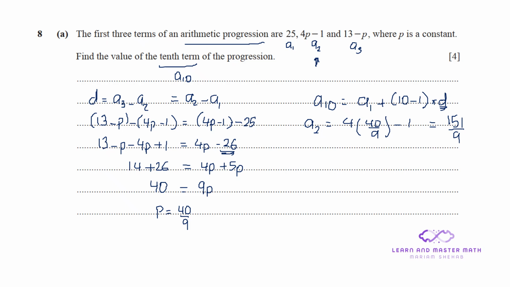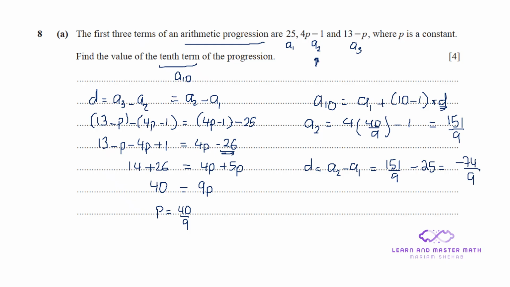Now the common difference D is equal to A2 minus A1, which is 151 over 9 minus 25, which is A1. And you calculate this and you'll get minus 74 over 9.